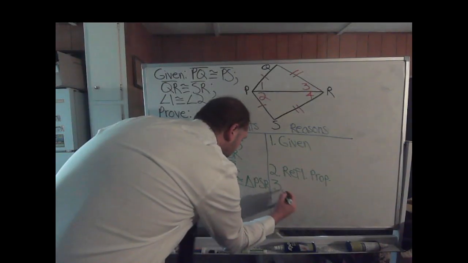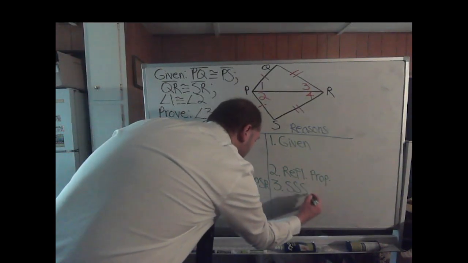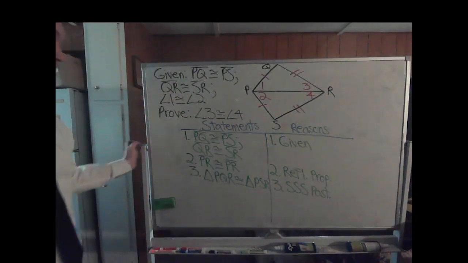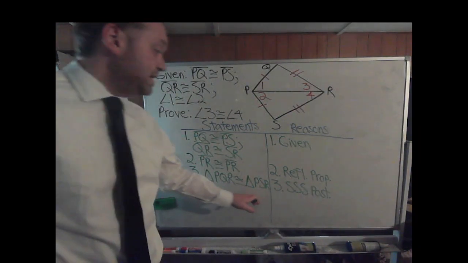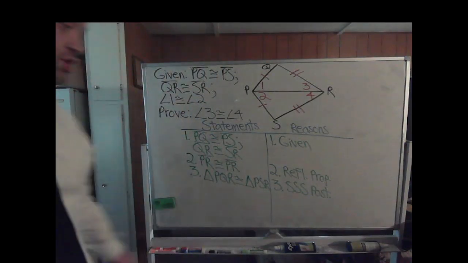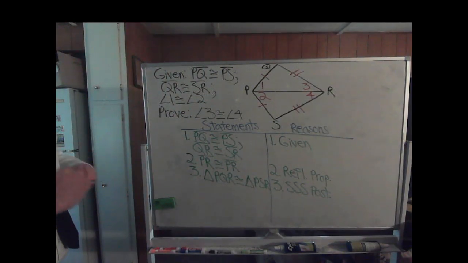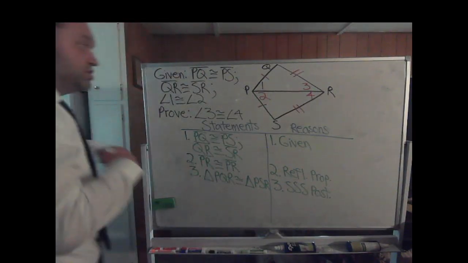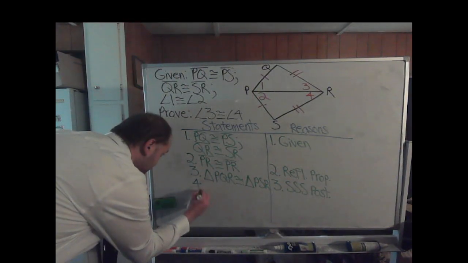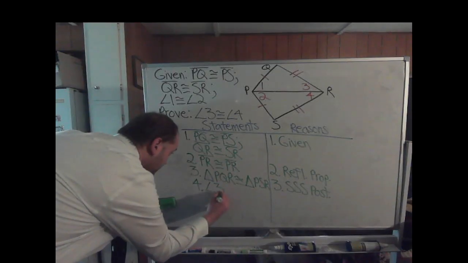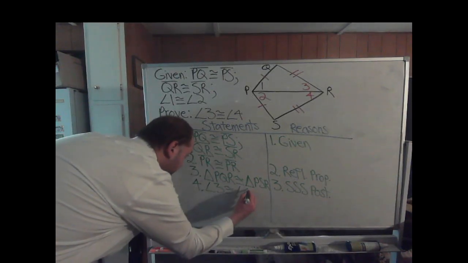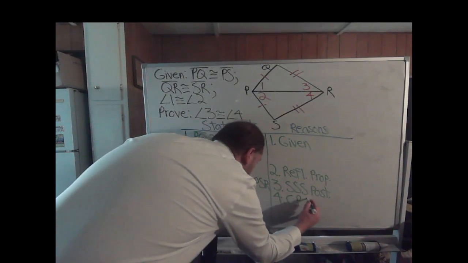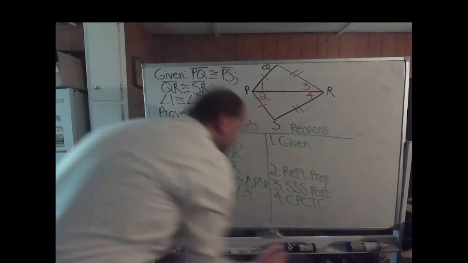They're congruent by the side, side, side postulate, the SSS postulate. So triangle PQR is congruent to triangle PSR by the side, side, side postulate, which now means we can actually conclude angles 3 and 4 are congruent to each other by CPCTC. So angle 3 is congruent to angle 4 by the fact that corresponding parts of congruent triangles are congruent.